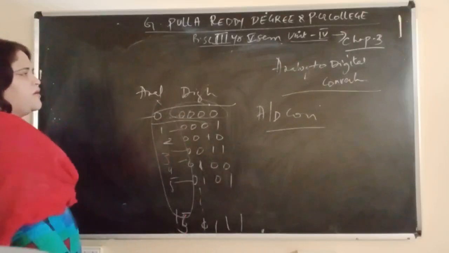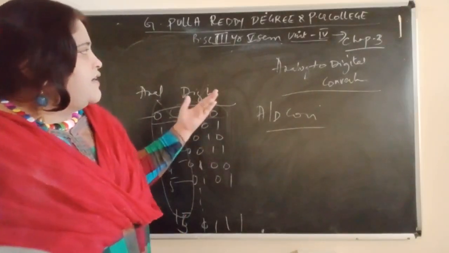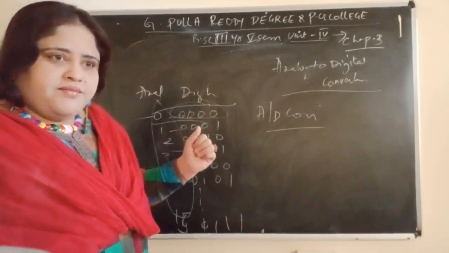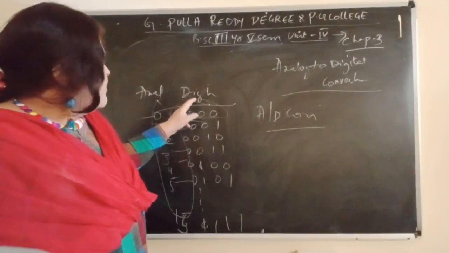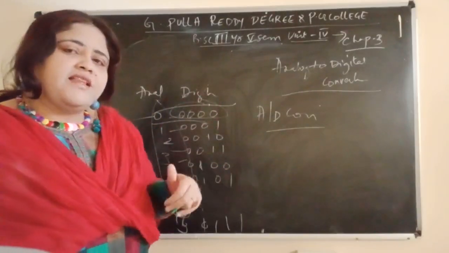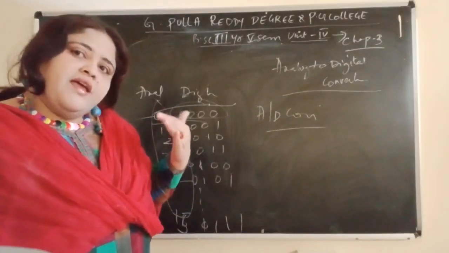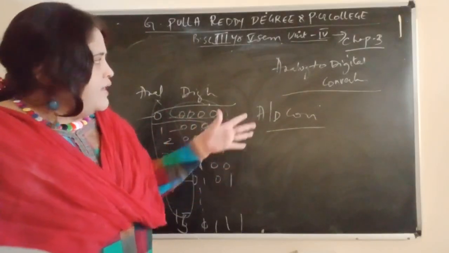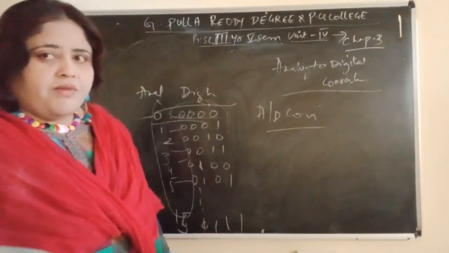So now in this chapter, you will be seeing analog to digital converters. Means by giving the analog input, it will be counting in a digital way and we will get a waveform. It will count in a different way and you will get some waveform. In this we have two methods.